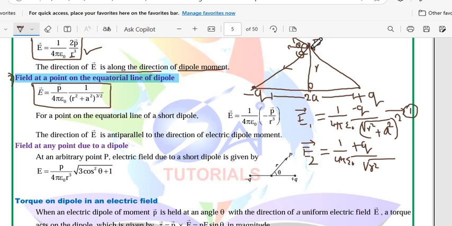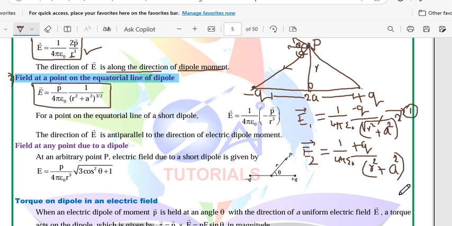If you consider the point charge at plus q, it's not a square root; by cancelling the square and square roots, you will get r square plus a square.